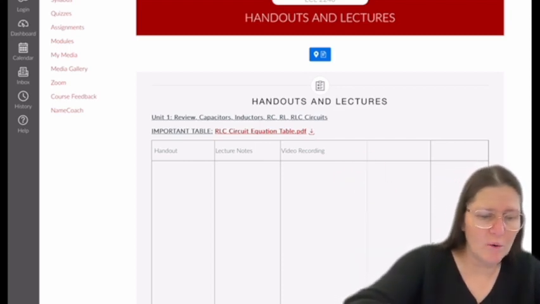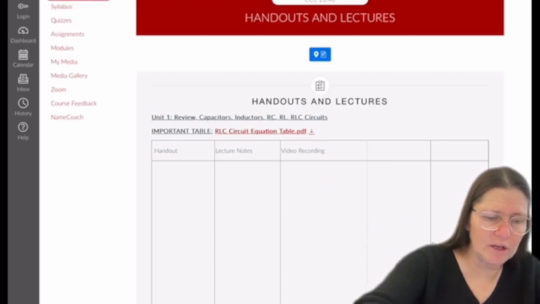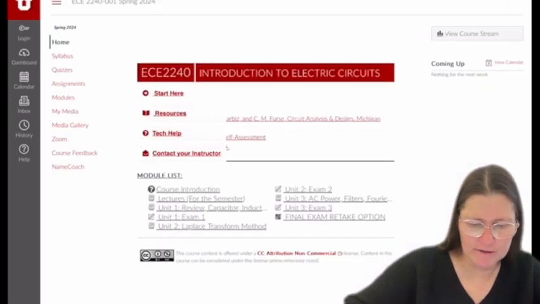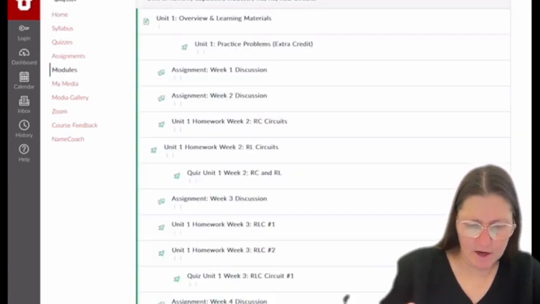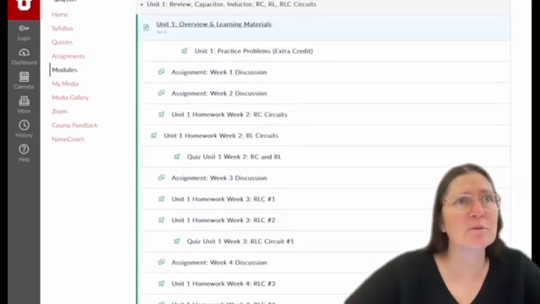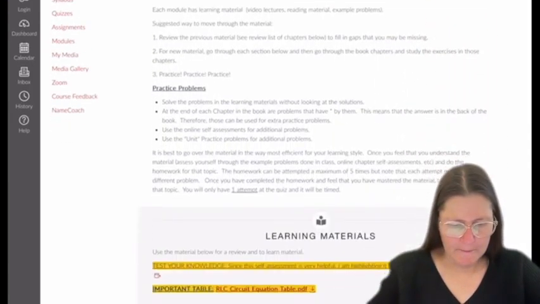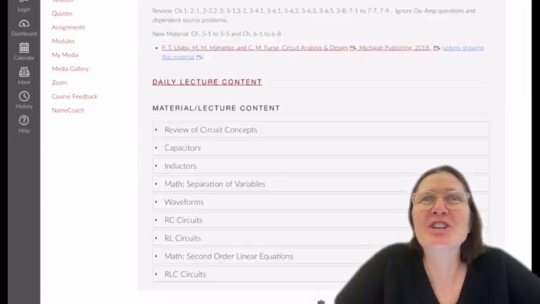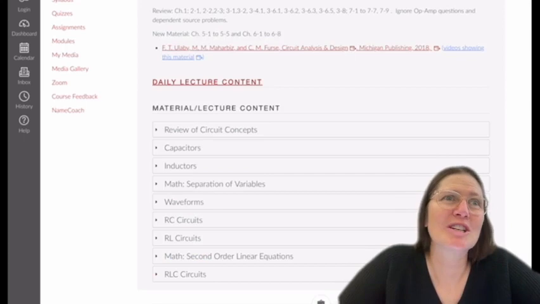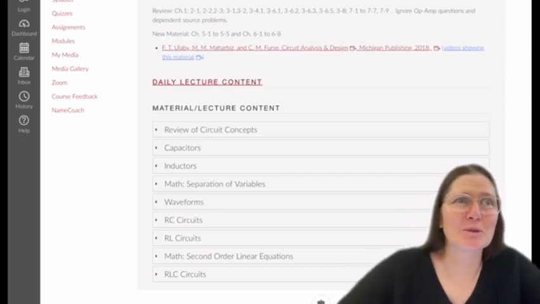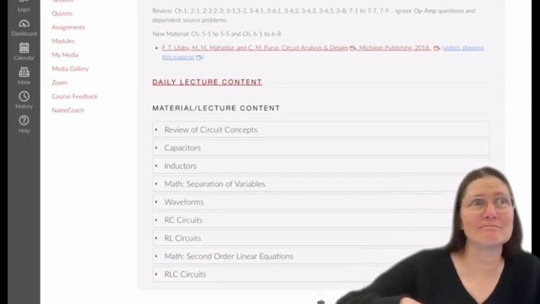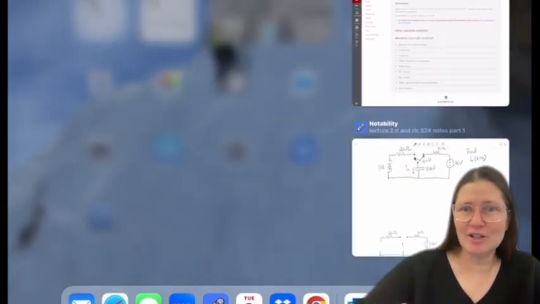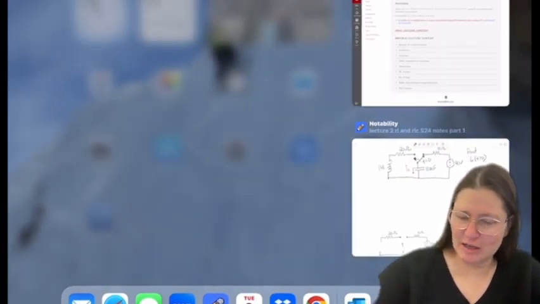It's also in the learning module itself. I usually put those at the top of the learning module, the important table, RLC. So know where it is or have it printed out, whichever you feel more comfortable with, because it will be very handy. It's hard to solve if you do not use that.